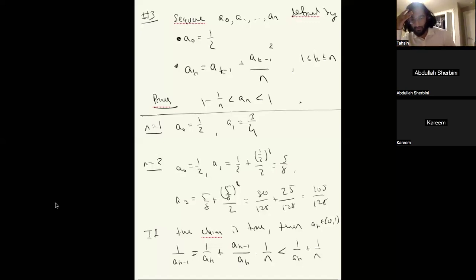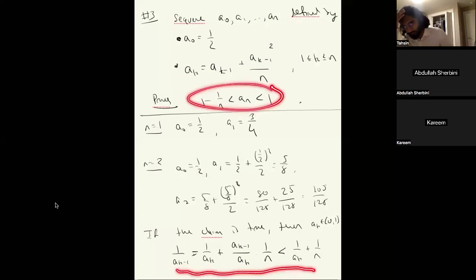Any ideas? First of all, does it make sense where this inequality comes from? Do you understand how we got this inequality? Okay, so I claim that this should actually give you at least one part of this.